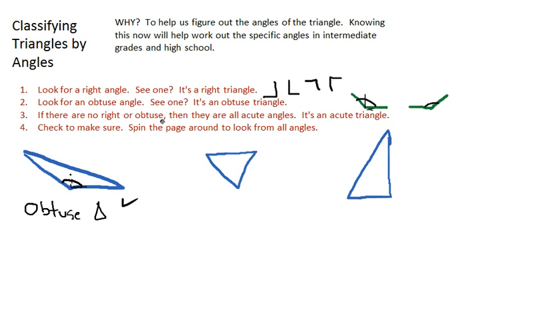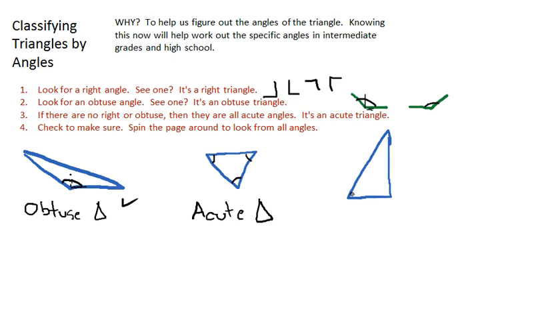So I'm going to look for an obtuse angle, and that looks like a small angle, like a Pac-Man closing, less than 90, so it's not obtuse. So there are no right and no obtuse angles. They all have to be acute: acute angle, acute angle, acute angle. So all 3 are acute, and it's an acute triangle.